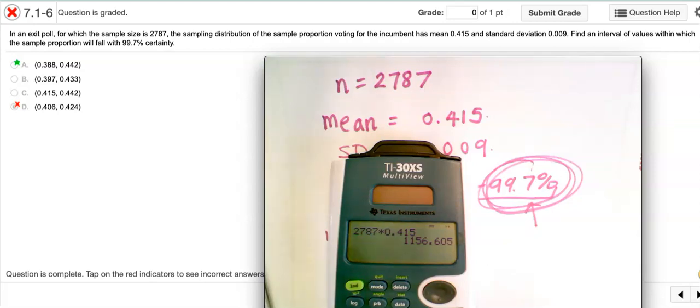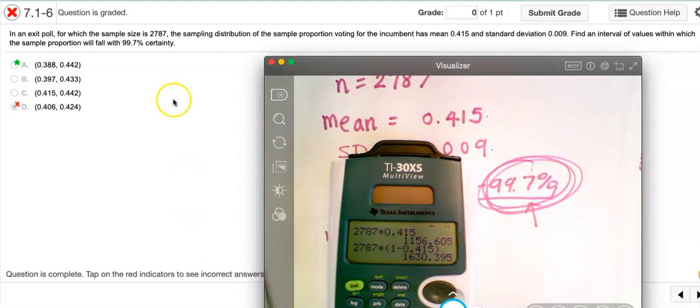And who's not going to vote for the incumbent? 2787 times q, 1 minus 0.415, about 1630. Both of these numbers are greater than 15, so you get to use normal approximation. But without really checking those, with such a huge sample size, we can use normal approximation. So let's get on it.